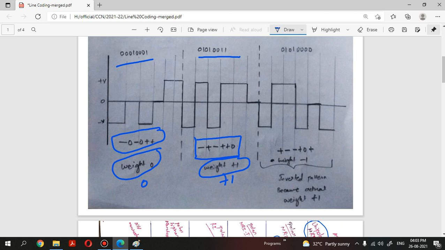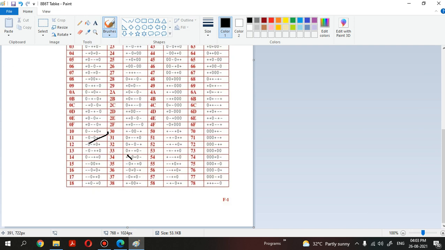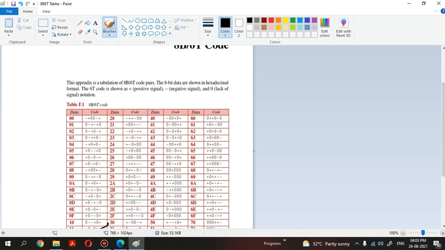When you go to the next 8 bits of data, the voltage for this 8-bit data is plus, double minus, plus, 0, plus, right? So for example, if it is 4321, 3 plus 1 is 4, 40, right? For 40, look at where it is. Yes, here it is.